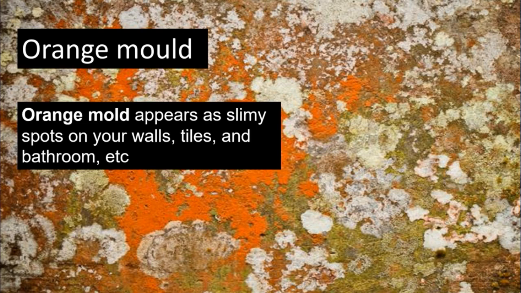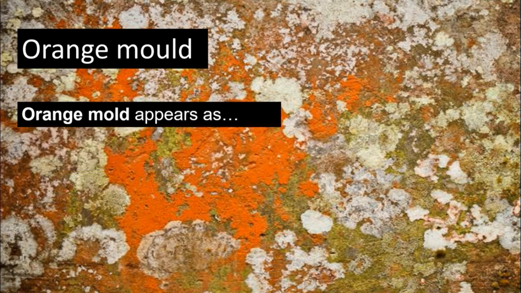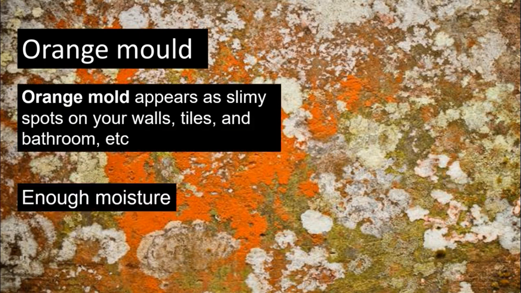That means inside your house there is a lot of moisture, because they survive only when there is moisture. So orange mold or mold, both are correct, right? It appears when there is more moisture, as slimy spots on your walls, tiles and bathrooms.